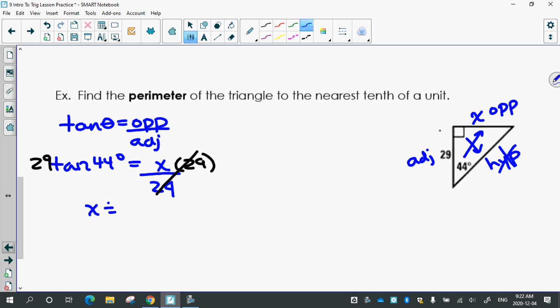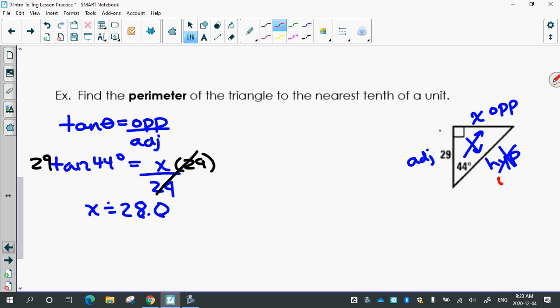So 29 times tan of 44. 28.0. Okay, so I'm going to leave the blue on, okay? And we found X now.